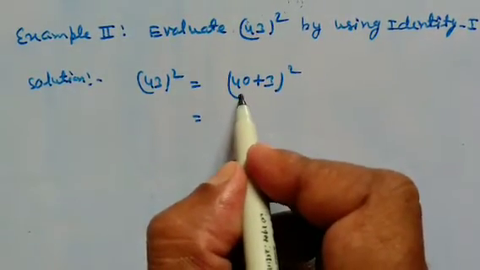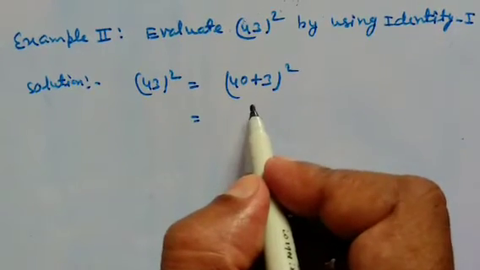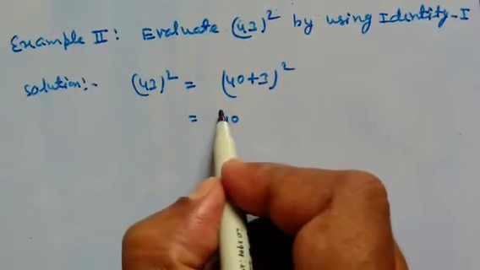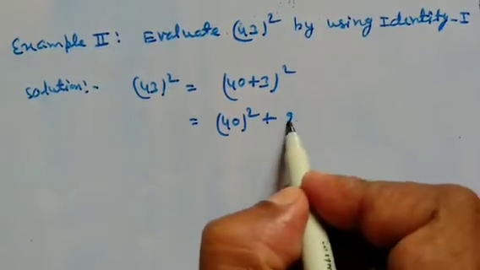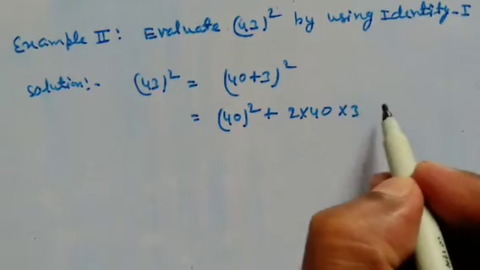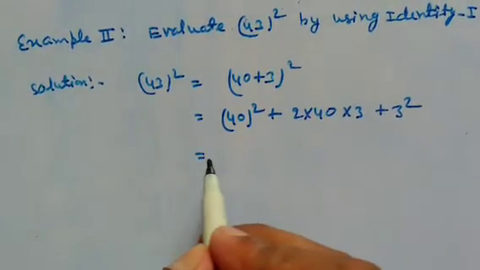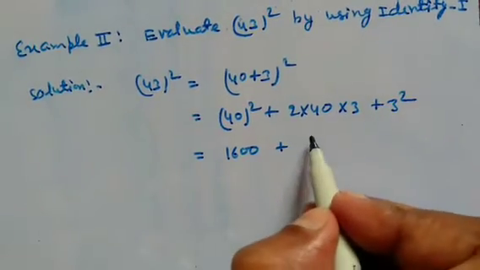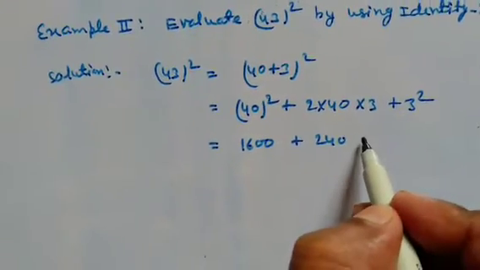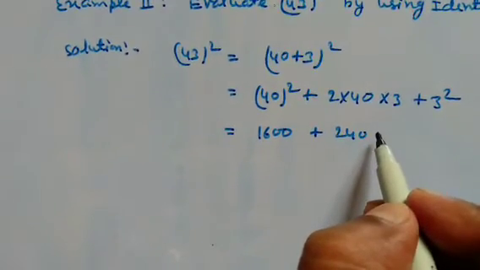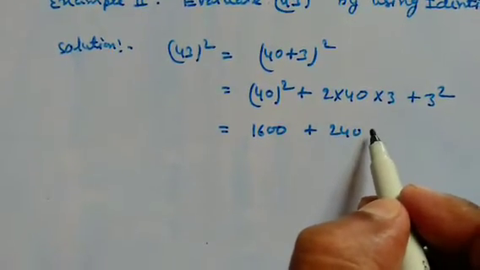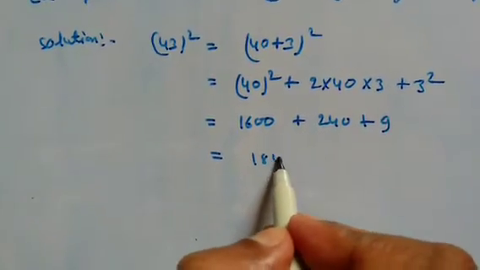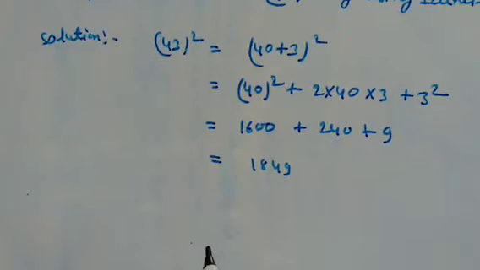Here 40 is in the place of a and 3 in the place of b. Then we use identity 1, we get 40 square plus 2 into 40 into 3 plus 3 square equal to 1600 plus 240 plus 9 equal to 1849. This is our answer.